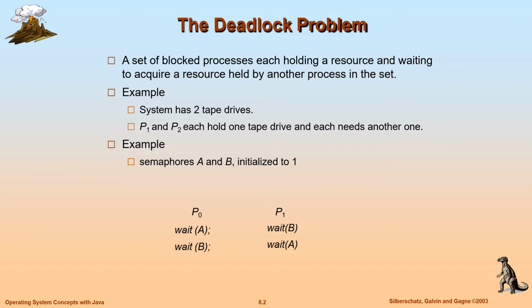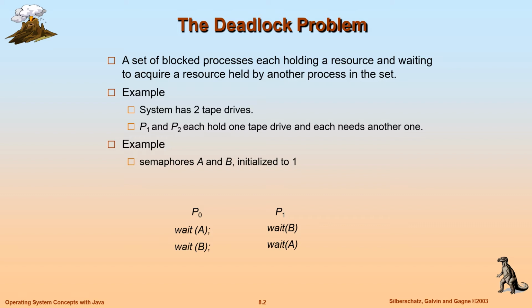Example: semaphores A and B initialized to 1. Here you see wait A and wait B in one process, and wait B and wait A in the other. What is the operation of wait A? Wait A decrements, meaning 1 is decremented to 0.